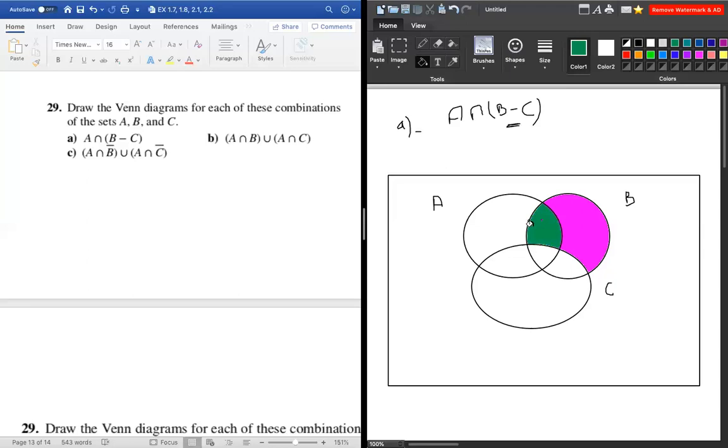Here, this portion represents the members of this set, because B minus C is also there, and the elements that are the intersection of A and B minus C are also here. So this section represents this. The elements of this set are in this intersection part.